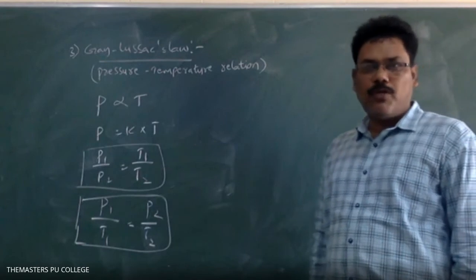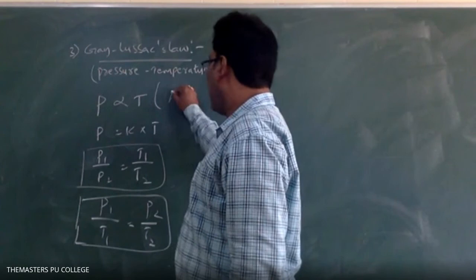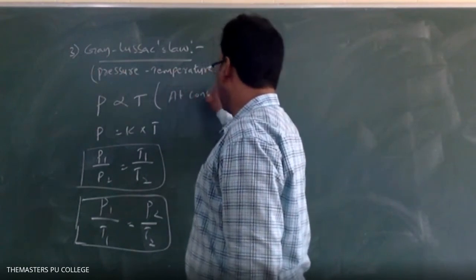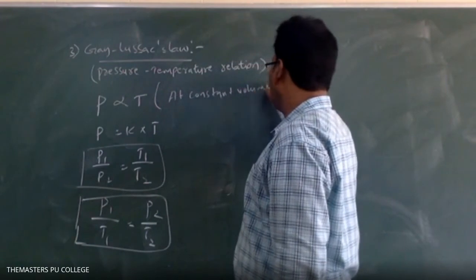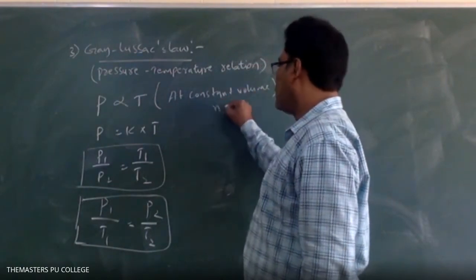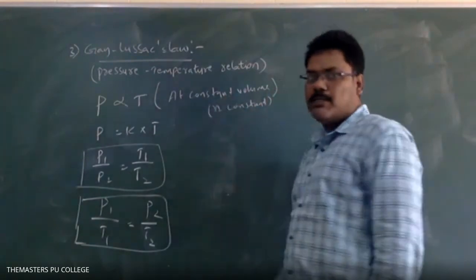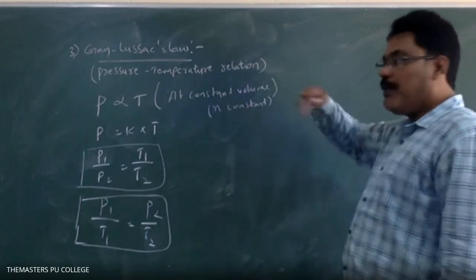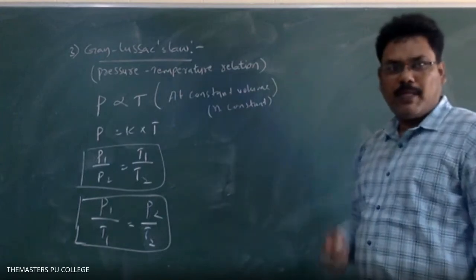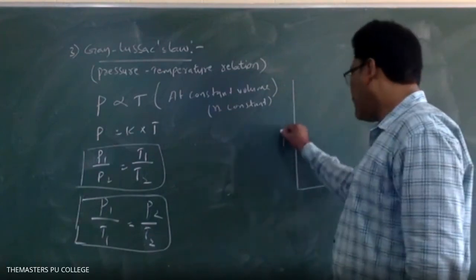P is proportional to T at a constant volume, that means n is constant. For different volumes of the gas, how can we plot the graph between pressure and temperature?